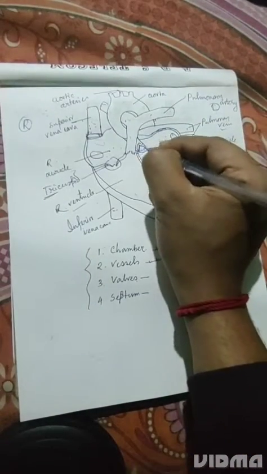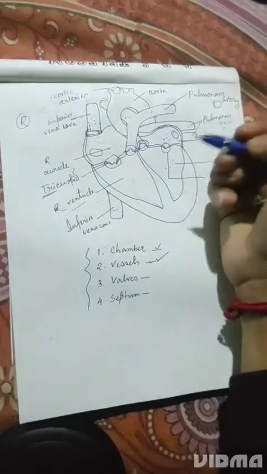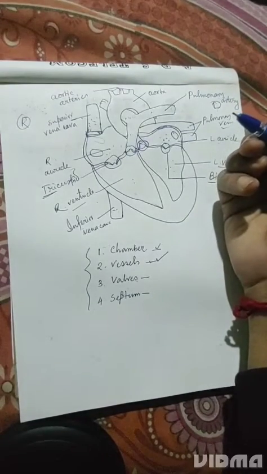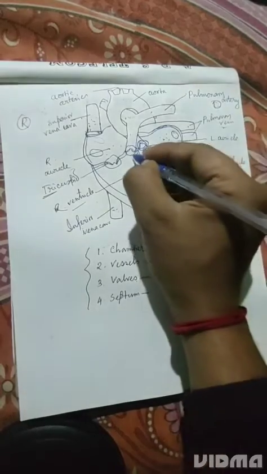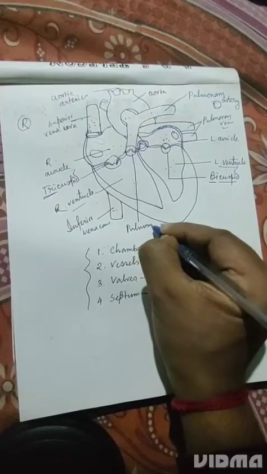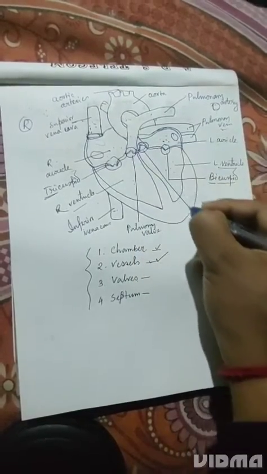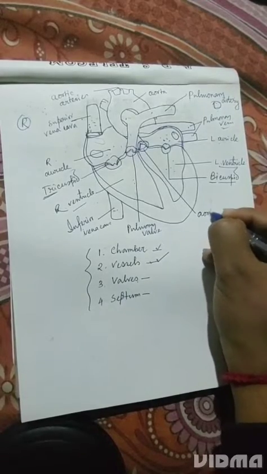Next, here are two more valves. These are also called semilunar valves, or you can specifically say this one is the pulmonary valve and this one is the aortic valve.